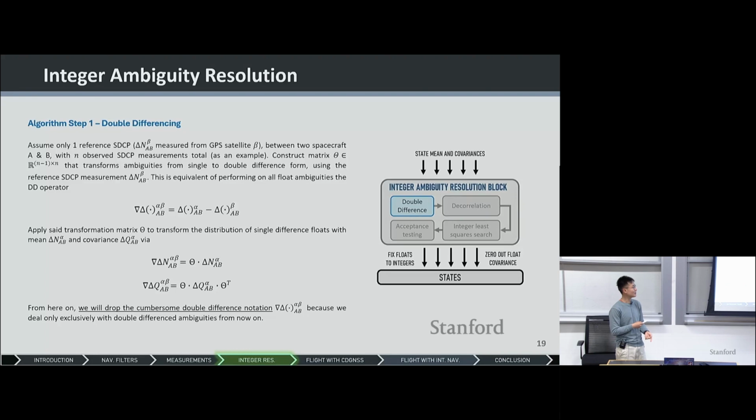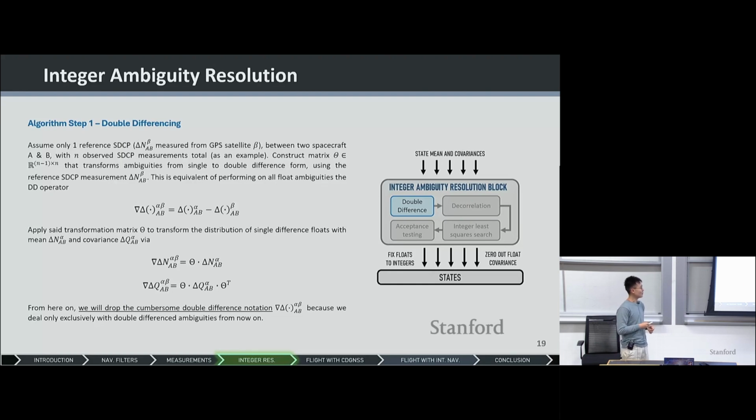Now you're left with 10 independent double difference measurements, because the reference subtracting itself would just be 0. And you can do this with a transformation matrix that's n by n minus 1.